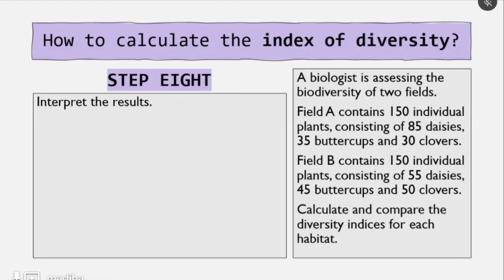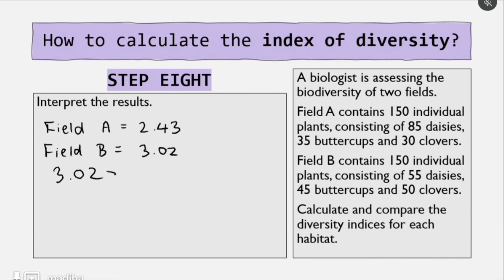So something that you can write is, it might just be like a 1 or 2 mark question. So what you do is you'd say field A had a diversity index of 2.43, and field B had an index of 3.02. So just looking at these, you can obviously see that field B had a higher index, right?